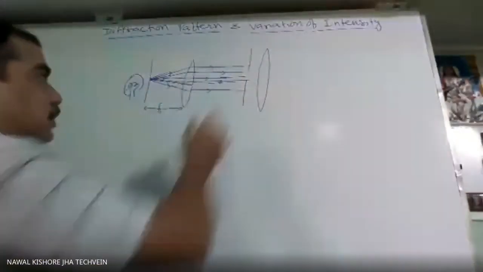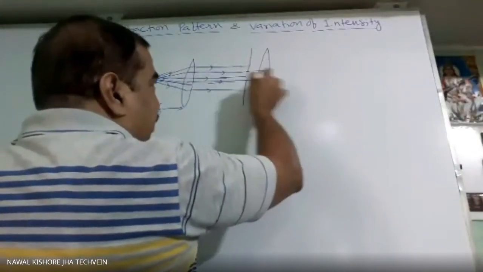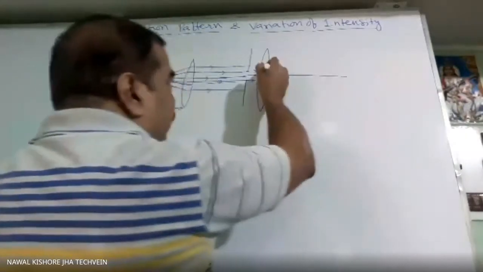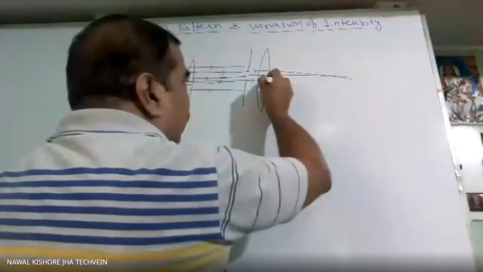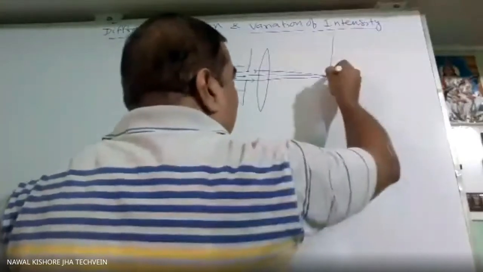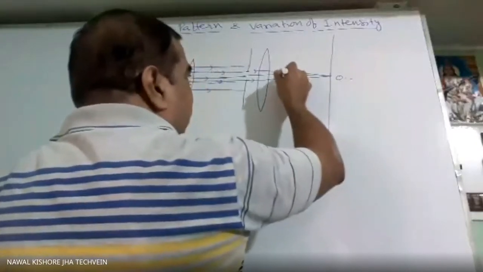And the screen is placed at the focal plane of this lens. So these rays which are coming directly like this will converge at the center. So this is the central maximum.